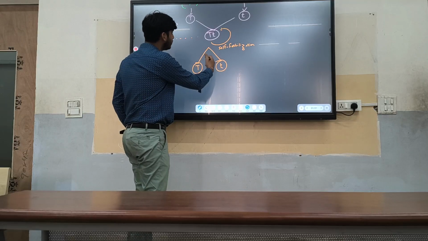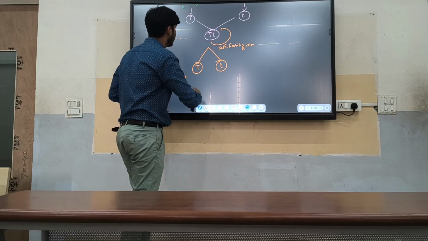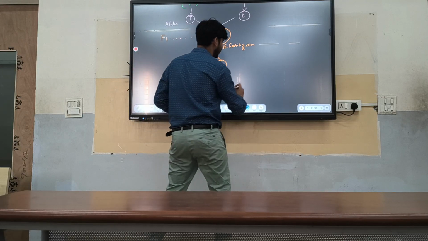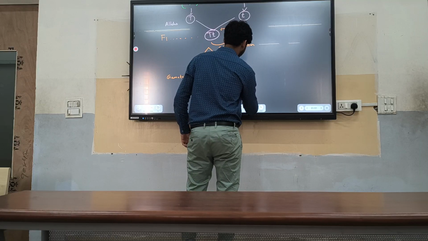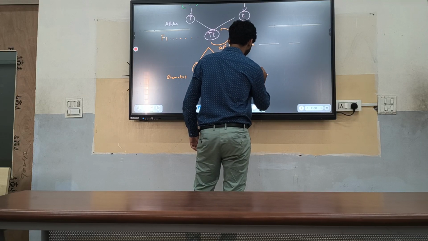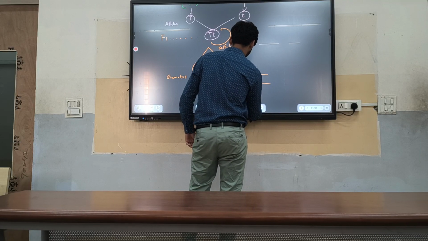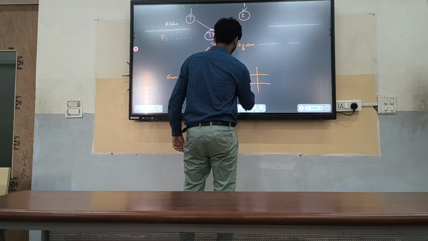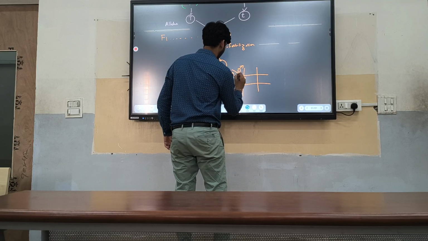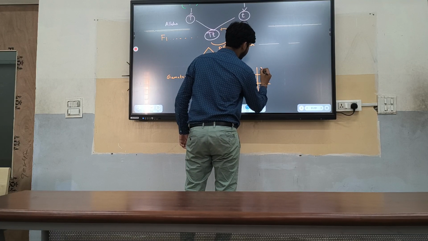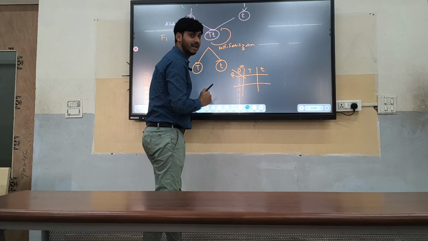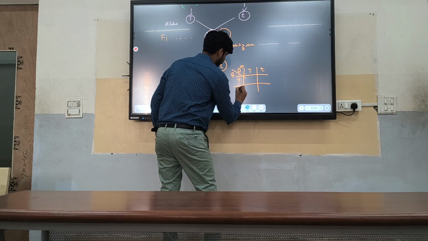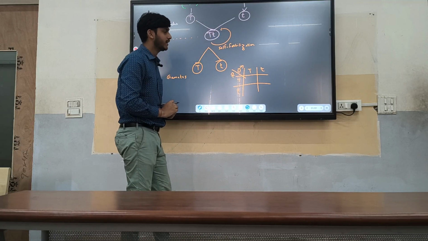Okay. So when you cross them, what will you get? Let's make a checkerboard and understand. So this is capital T, this is small t for the male, and this is capital T, this is small t for the female. Okay.